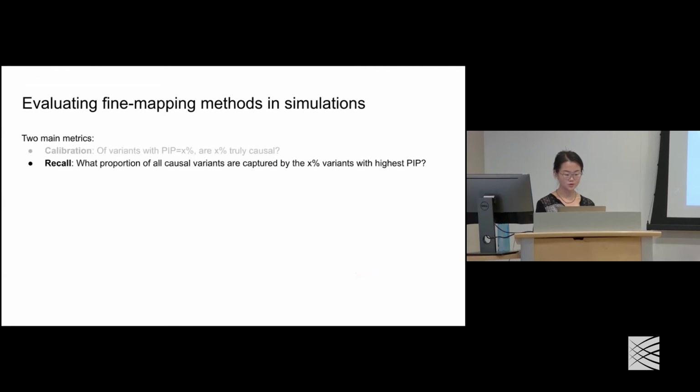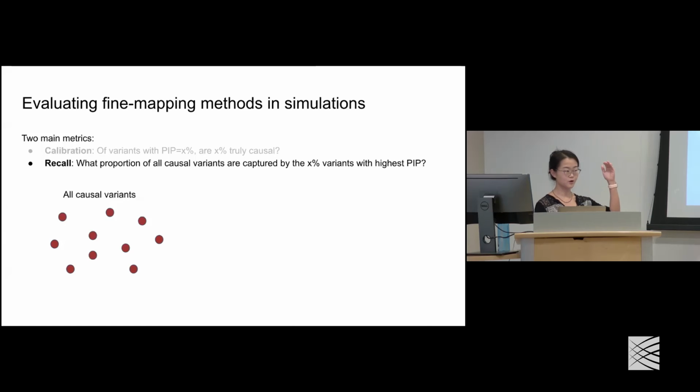So what is recall? It's basically trying to understand what proportion of all the causal variants are captured by the X% of variants with the highest PIP. So suppose you simulated some ground truths, and all you have that are causal are these 10 variants. And you run your fine mapping method on it, and you have this list of variants.